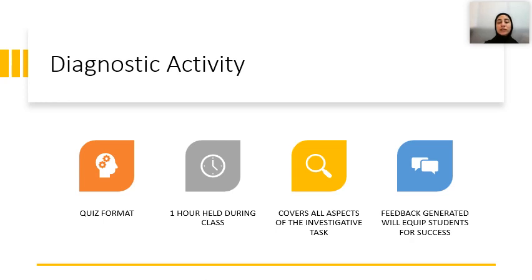That way the teacher will be able to provide very valuable feedback and support to ensure that all the students are equipped for success when the time for the investigative task comes around. I'm proposing not a very long gap between the diagnostic activity and the investigative task. We want to keep them nice and close together.